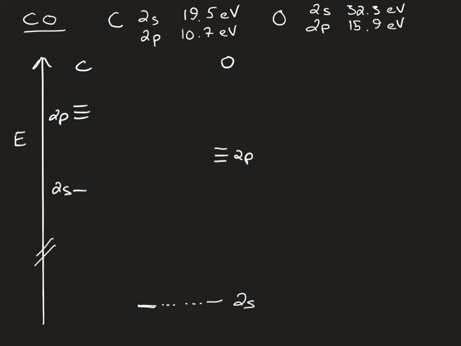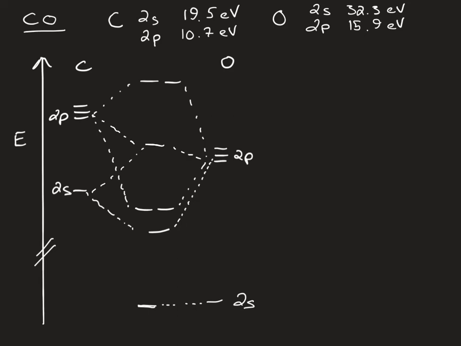So I'm going to start just by mixing in the pi type orbitals. Now we're going to go through and mix in the sigma interaction between the pz on the oxygen and the s on the carbon. We have another pz sigma type interaction like that.